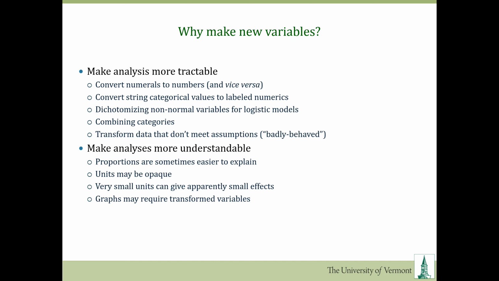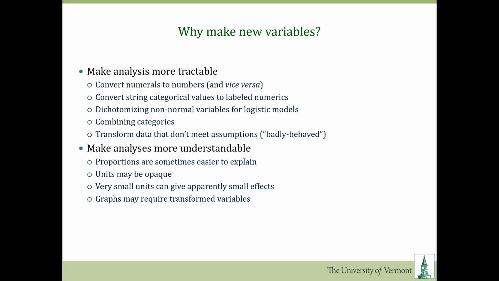Another reason to make a new variable is to make our analyses more understandable. For instance, proportions are sometimes easier to explain than means or distributions in general. The units may be opaque. Perhaps we have something measured in furlongs per millisecond and you want to convert it to miles per hour.